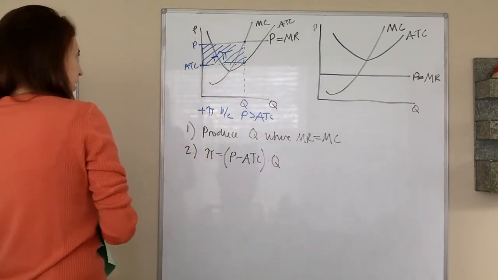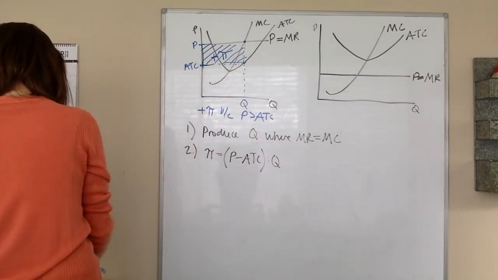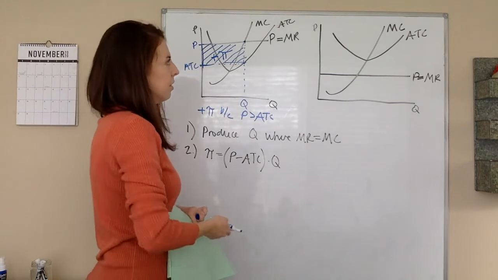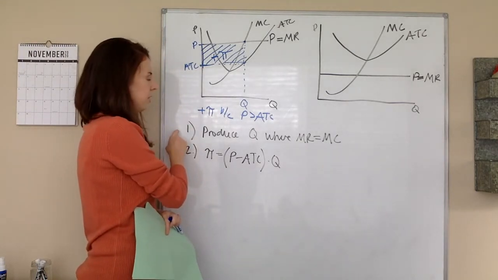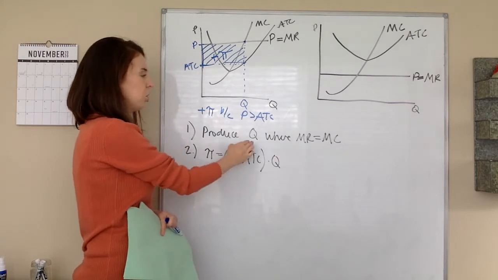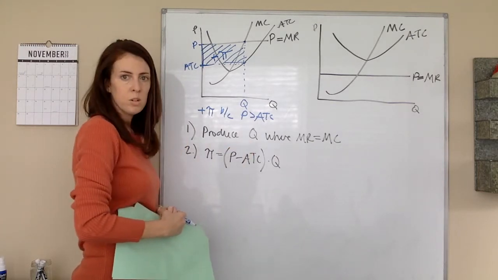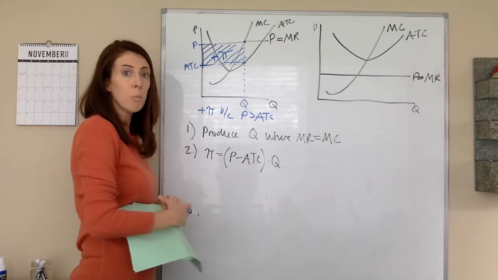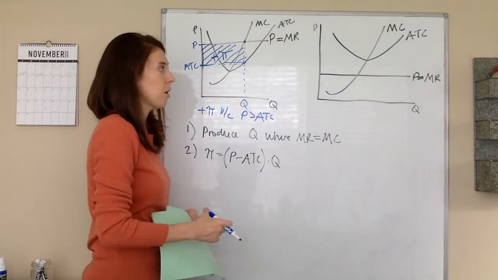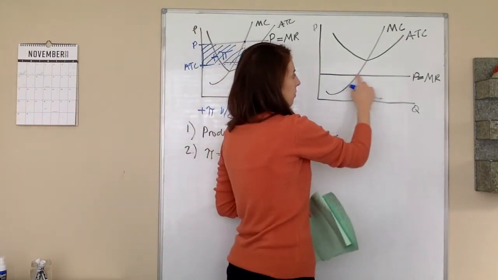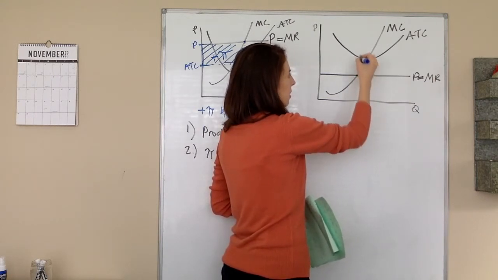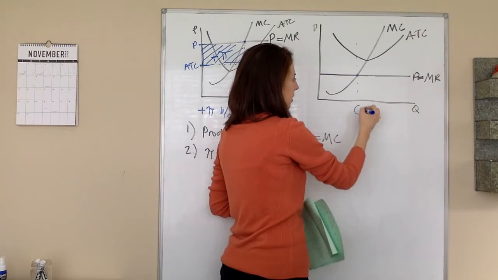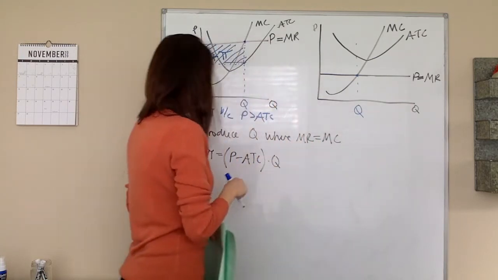So what does the concrete company owner do? One, he sets his production at the Q where marginal revenue equals marginal cost, because that's the level of output that he would need to maximize his profit. Marginal revenue is here, marginal cost is here, here's the crosshairs, here's the quantity he's producing. What is his profit?